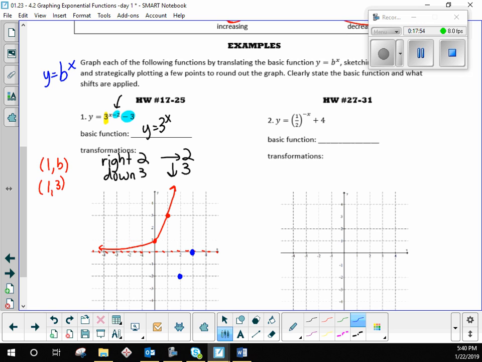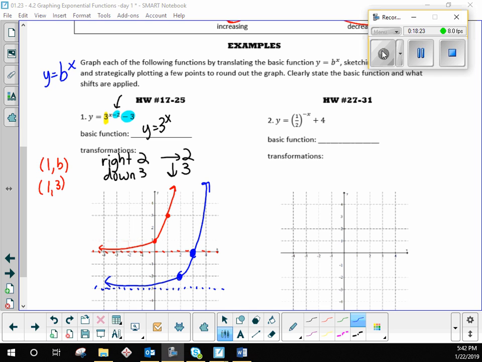The horizontal asymptote is going to shift down 3. Okay, so there is the shifted function. You pause the video while you try number 2.